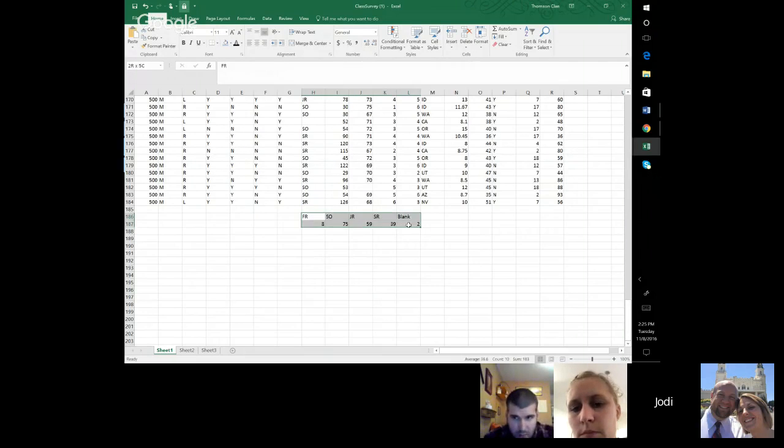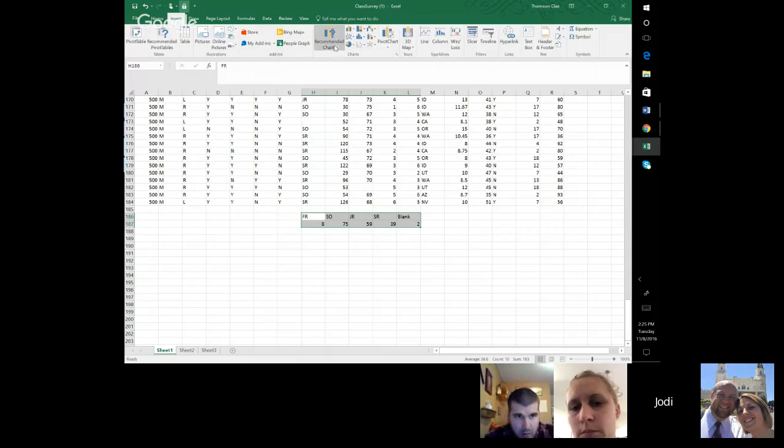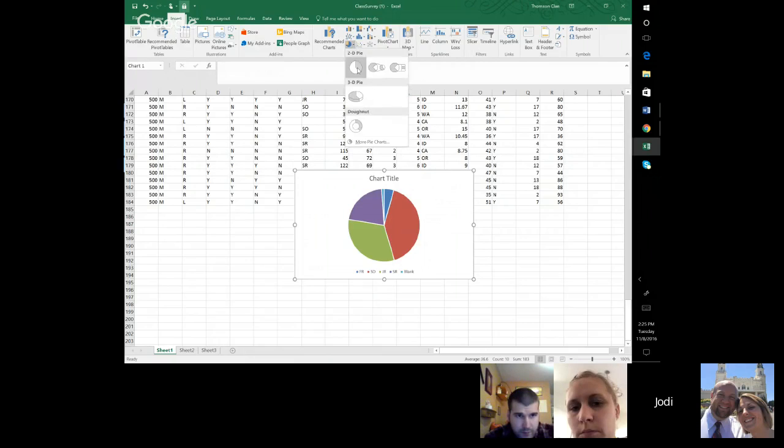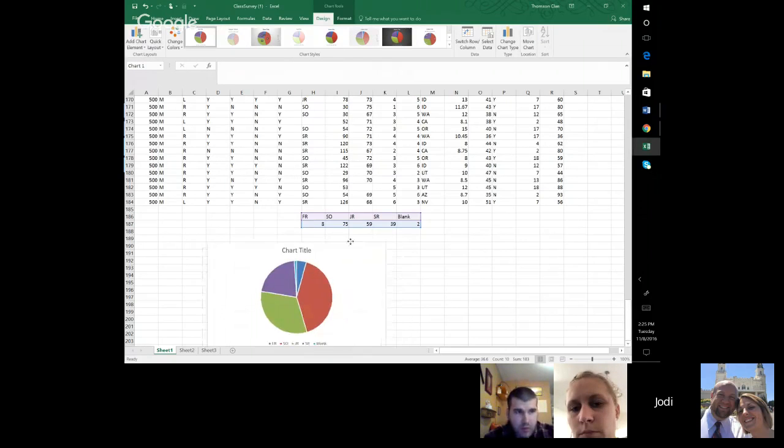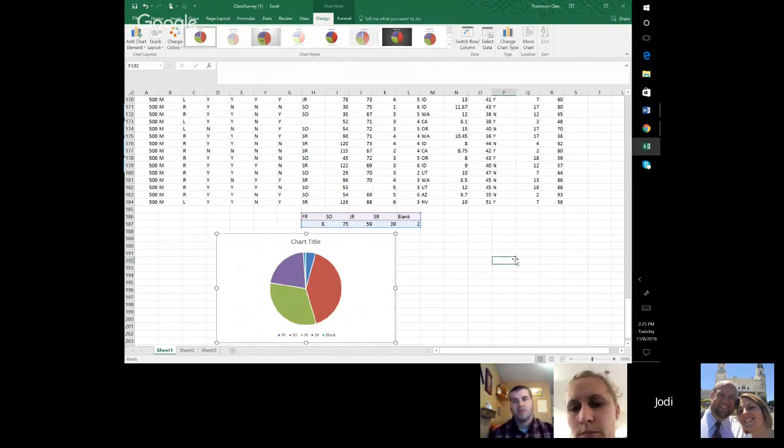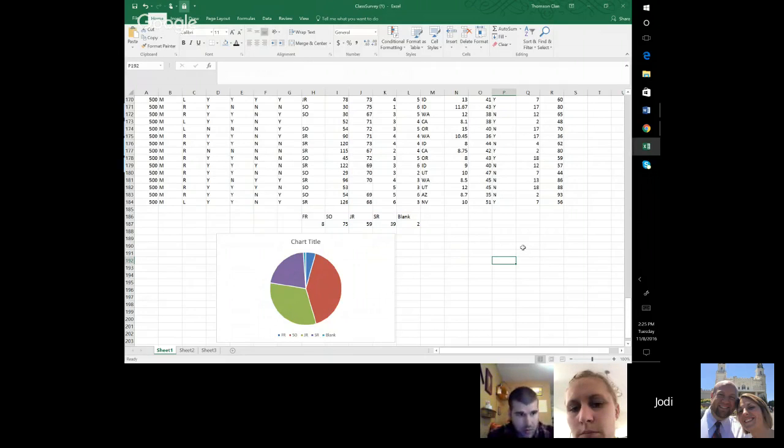So when you highlight those, you can go in here to insert, and that should give you the data to do a pie chart. Okay, let me see here. FR, sophomore, junior.